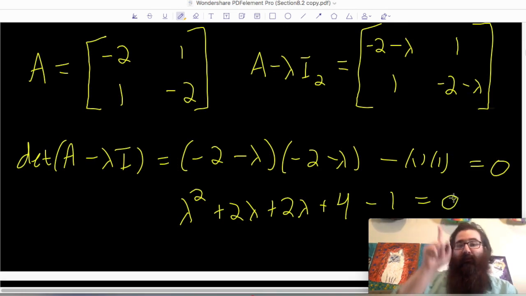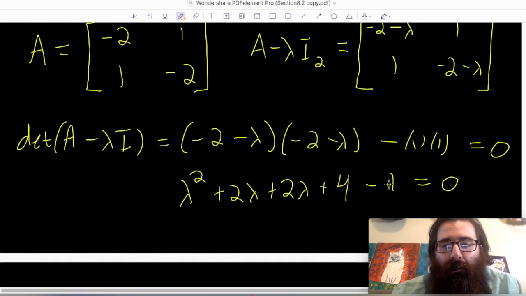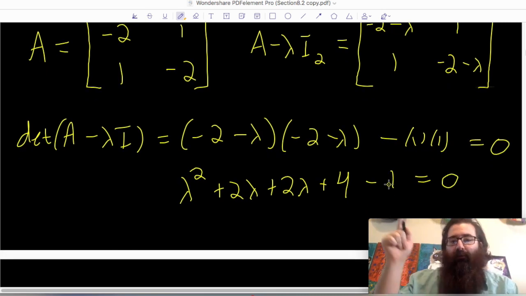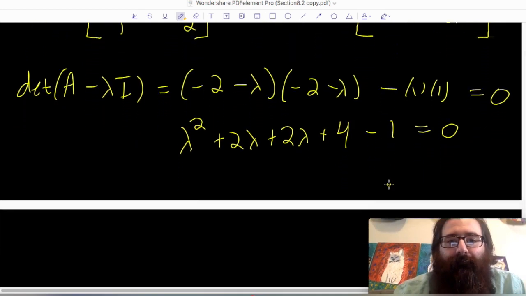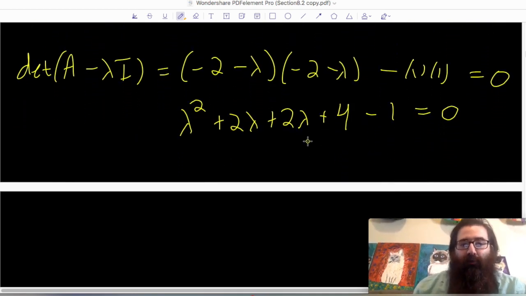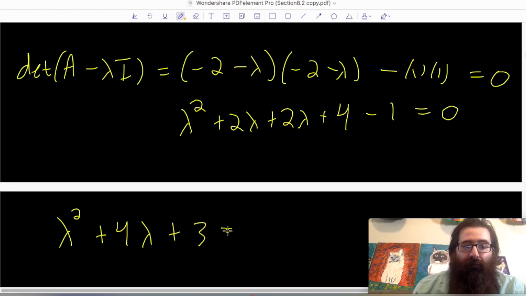I can combine like terms: the 4 minus 1, and the 2 lambda plus 2 lambda. So we get lambda squared plus 4 lambda plus 3 equals 0.